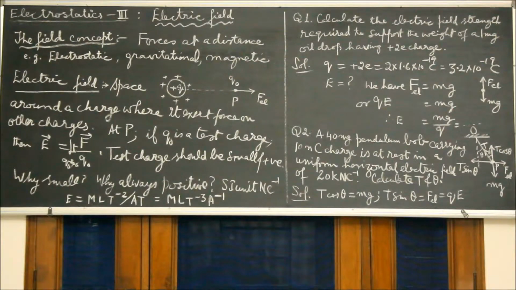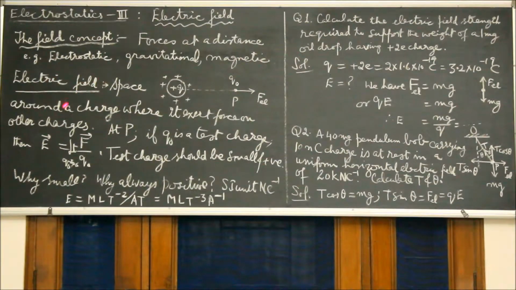Similarly, a magnet attracts an iron piece from a distance. In all such cases, we introduce the concept of the field. We say that charge A is in the electric field of charge B. Moon is in gravitational field of Earth. Iron piece is in magnetic field of the magnet.